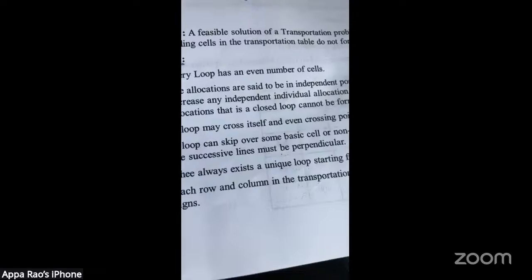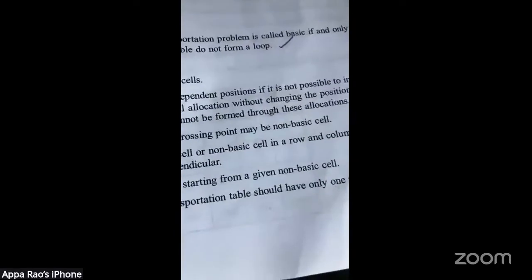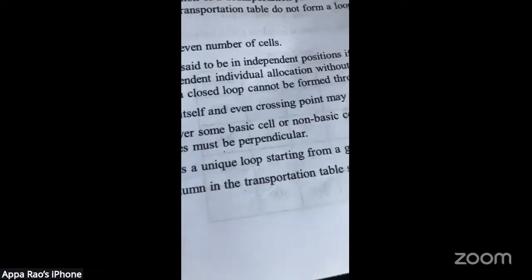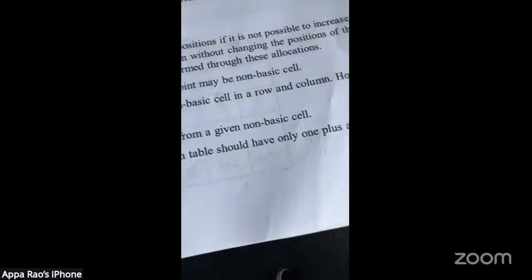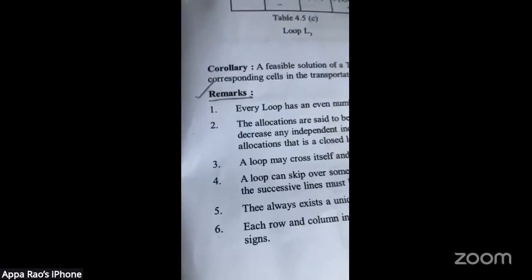There always exists a unique loop starting from a given basic cell. So each row and column in the transportation table should have only one plus and one minus sign.